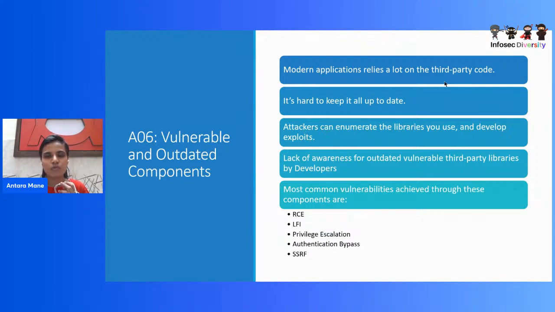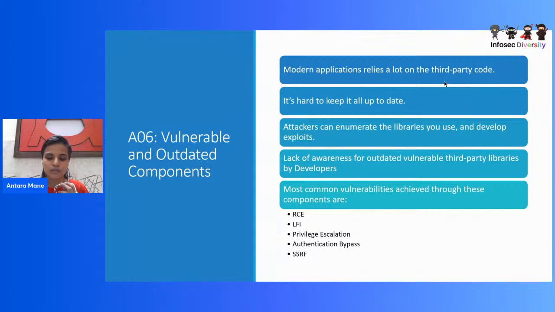Most applications rely on a lot of third party code, right? Libraries, which developers sometimes do not have knowledge of the source from which they are downloading and using in their applications, right? This vulnerability mainly occurs when a software or any component that is being used is unsupported, out of date, or vulnerable to some known cyber attack, right?